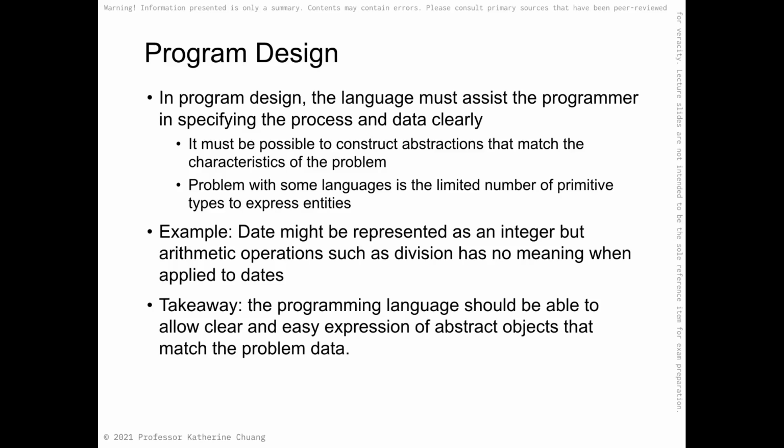So if you define date as an integer, you can do that, but then would it make sense to have it as an integer type? Because arithmetic operations don't have meaning for dates. So that's one thing to think about.